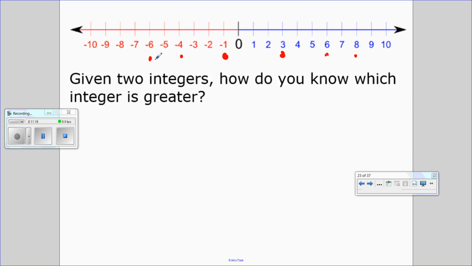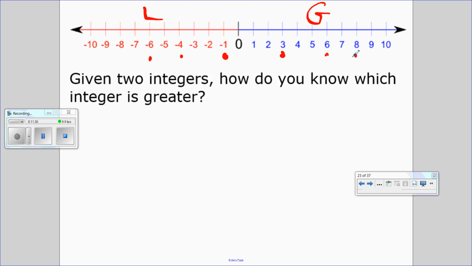Did you know a number line is built from least to greatest? You go from least to greatest. So the greater numbers are always to the right.